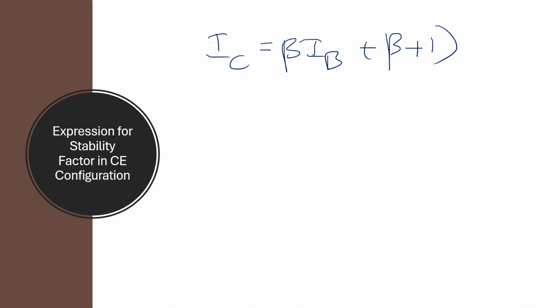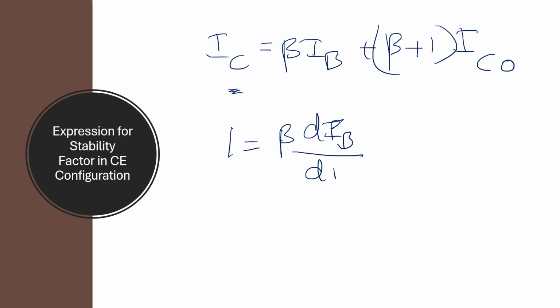The expression for stability factor in common emitter configuration, we'll be doing it now. IC is equal to beta IB plus (beta plus 1) into the reverse saturation current. Differentiating the above equation with respect to IC, then 1 is equal to beta into dIB divided by dIC.